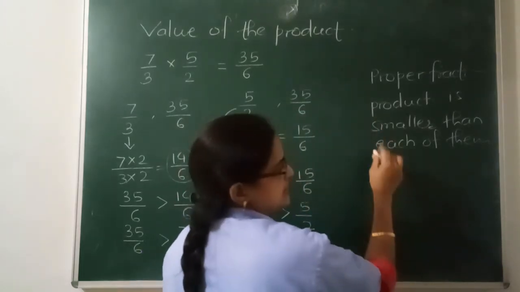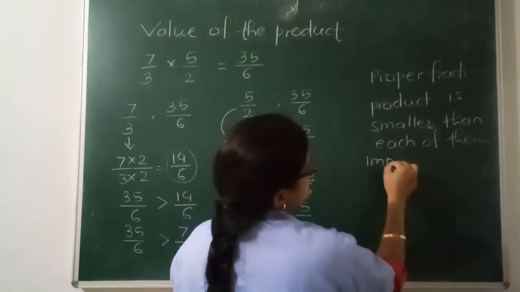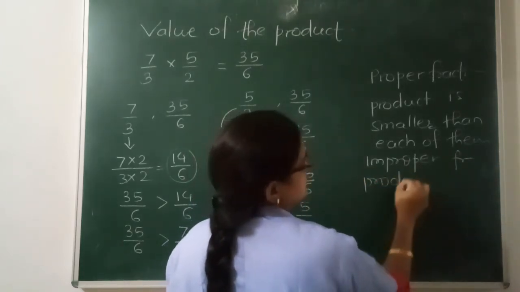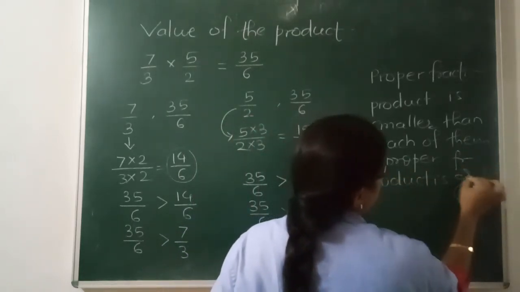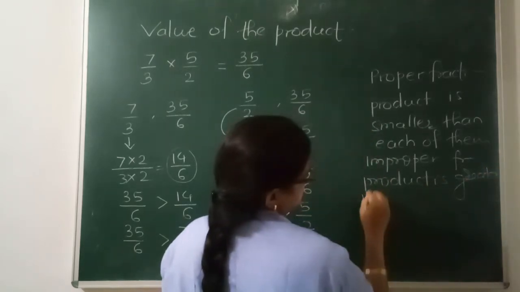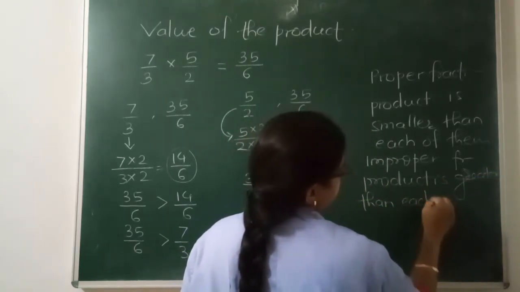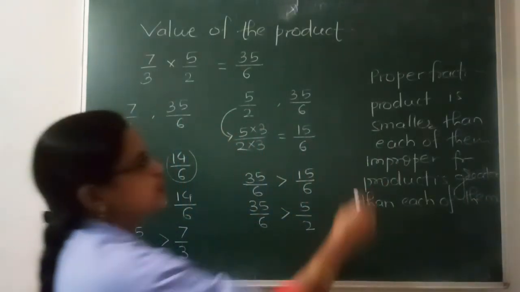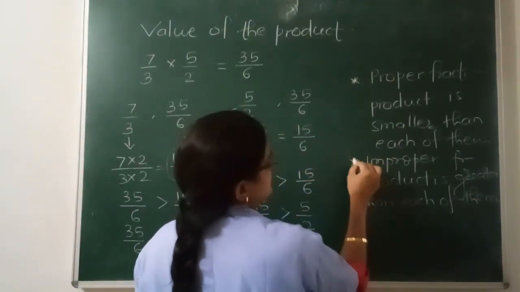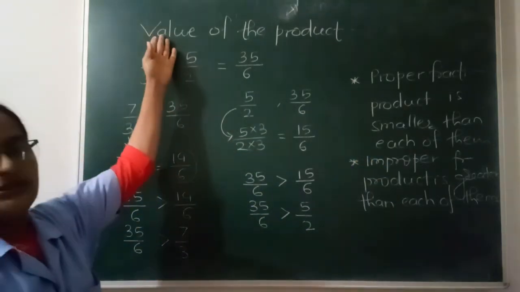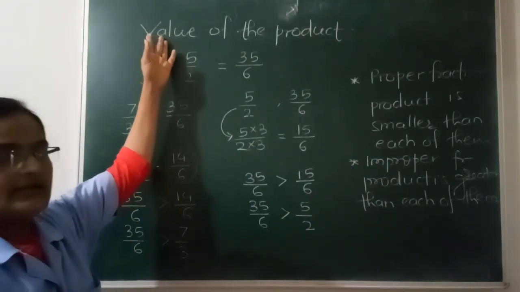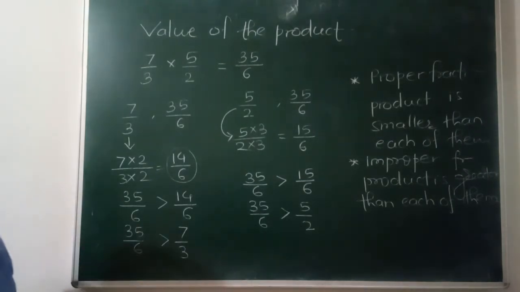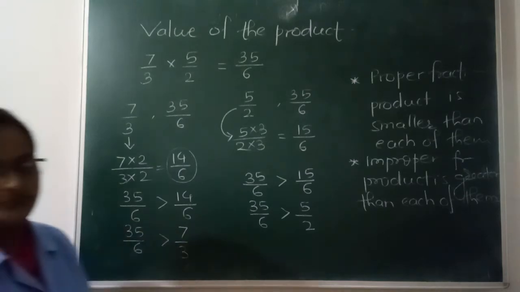And when you multiply the improper fractions, then the product is greater than each of them. These are the two important results regarding the value of the product of fractions. Is that clear? Okay. Those who want, they can take a screenshot and write it in the notebook.